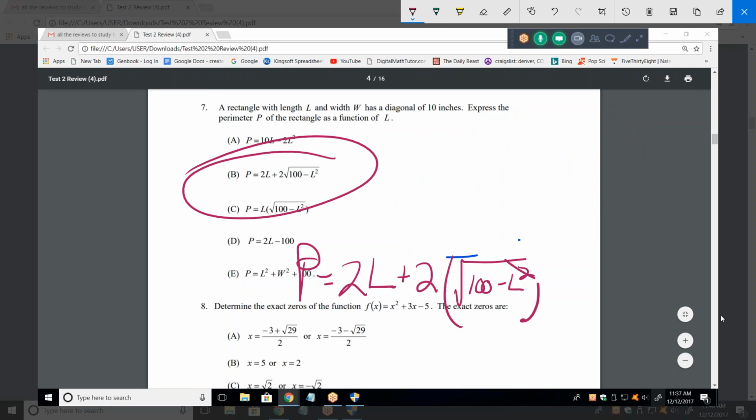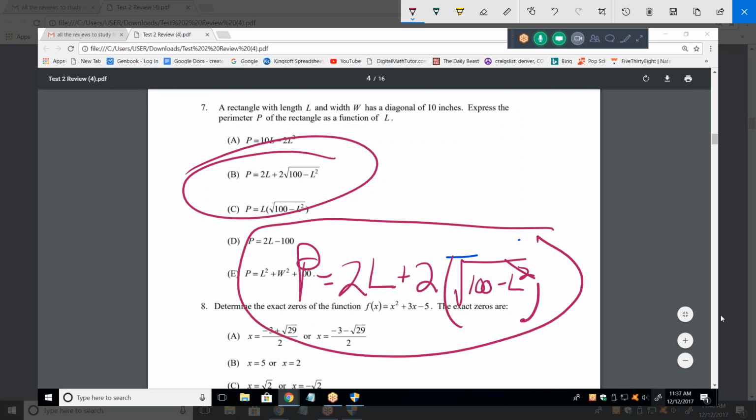As with most of your multiple choice questions, the multiple choice doesn't really make it any easier. Almost makes it harder, because you had to do this algebraically. You had to absolutely get to this point. And who knows if this is the answer they're going to... In other words, this would have been an easier answer if it wouldn't have been multiple choice. It turns out that they did put this exact answer on there, so we found it. But I might factor out a 2 and write this as L plus square root of 100 minus L squared and put that answer on there.